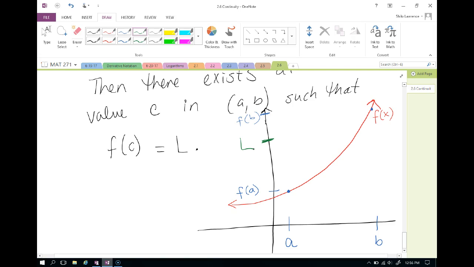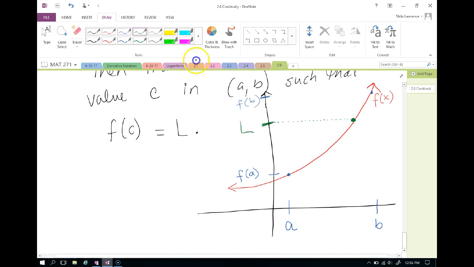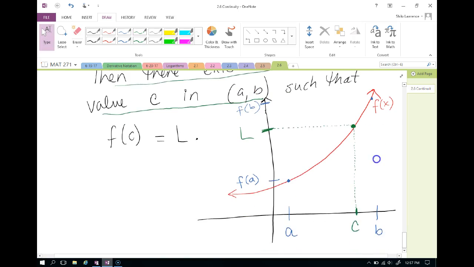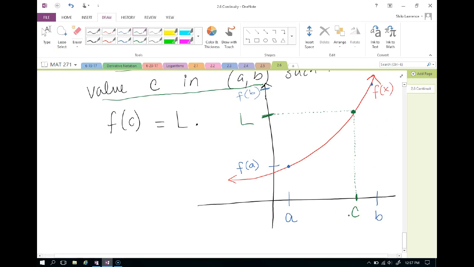If f of x is a continuous function, we should be able to follow that back to the function and find a point on the function, and then follow that back down to the x-axis, and we should get an x value that's in between A and B. Then there exists at least one value C in the interval A to B. And that's what we just found.